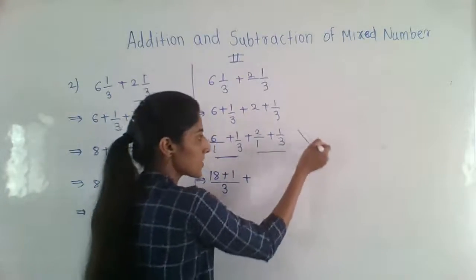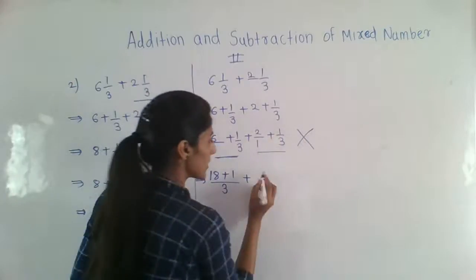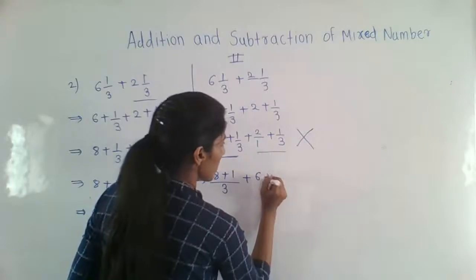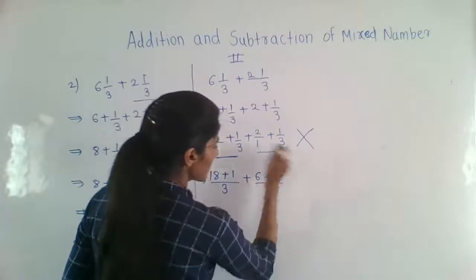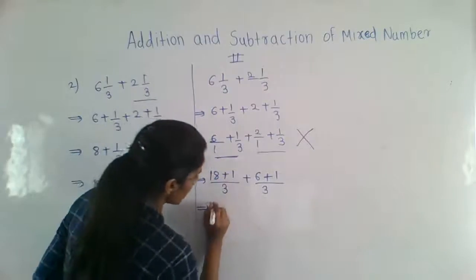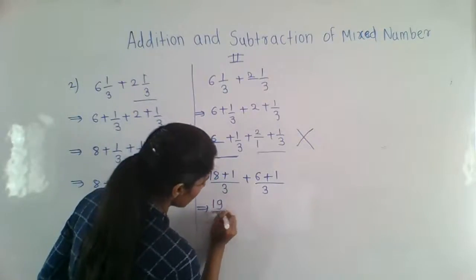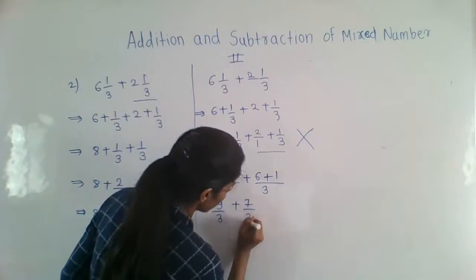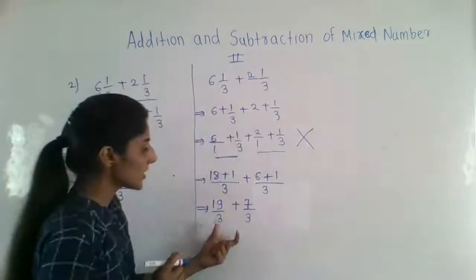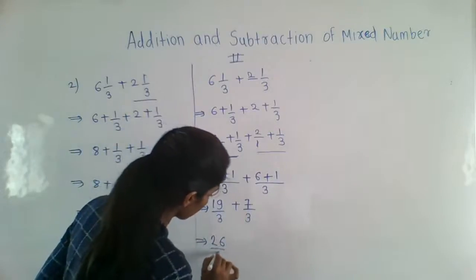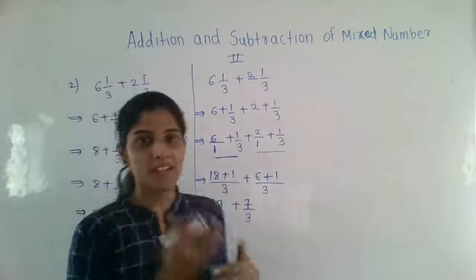Again from the cross multiplication, that is 2 into 3, 6, 1 ones are 1 and 3 ones are 3. Okay. Now you can see here 18 plus 1, that is 19 by 3 plus 6 plus 1, that is 7 by 3. Now here you can see 26 by 3. Now 26 by 3.